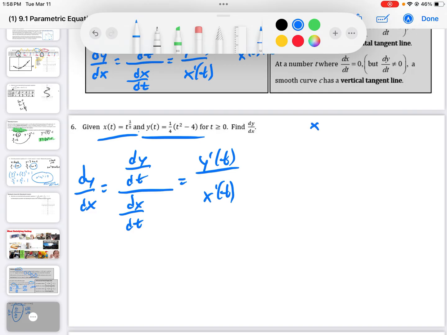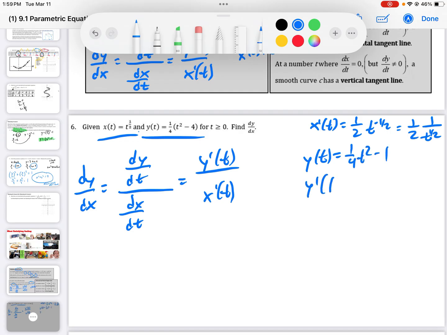So I'm going to find x prime first. It's easier. The derivative of x would just be 1/2 t to the negative 1/2, which is equal to 1/2 times 1 over t to the 1/2. Another way to write y would be to distribute that 1/4, so 1/4 t squared minus 1, and y prime, the derivative of that, would be 1/2 t.